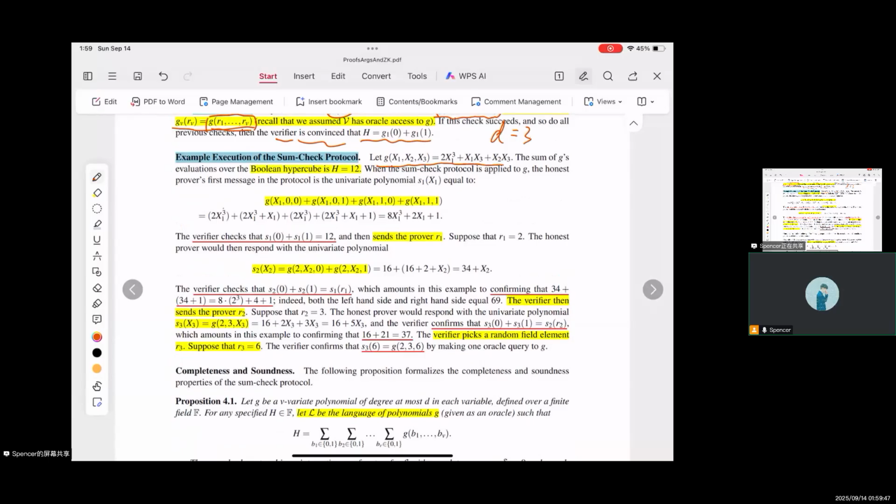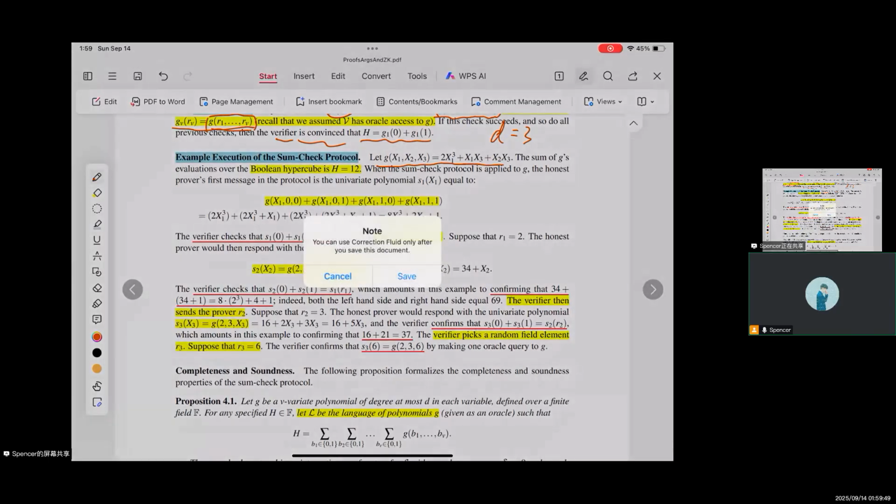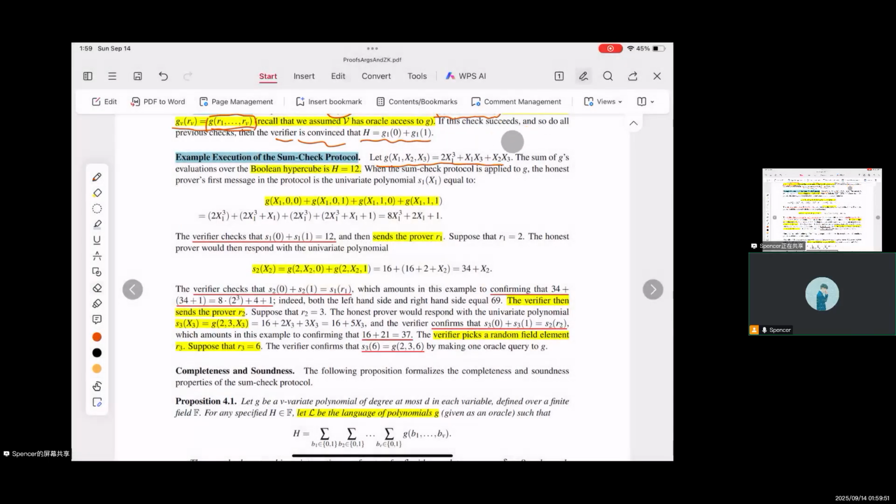We can use this notation. Because there are 3 variables, what is the degree for g1?